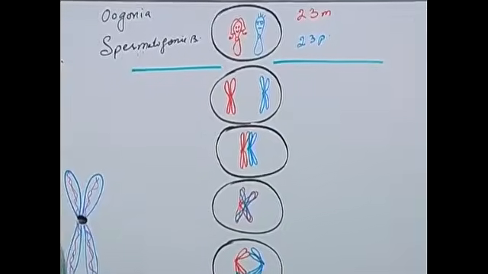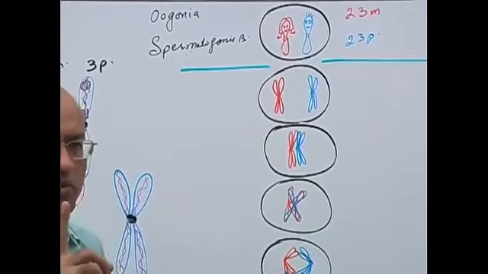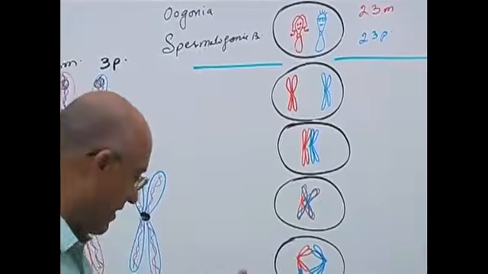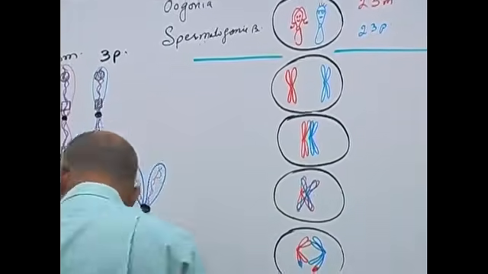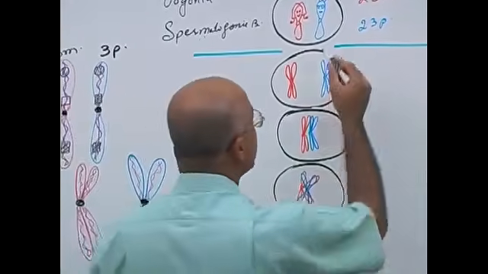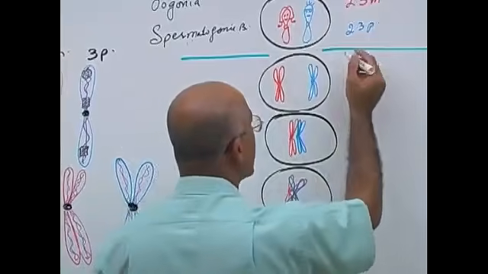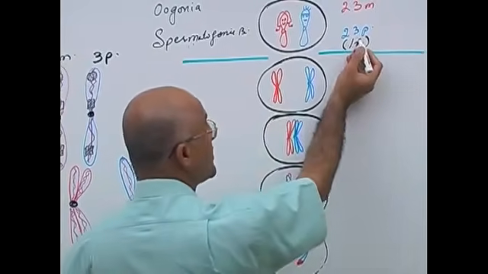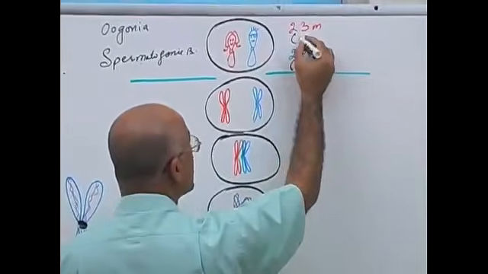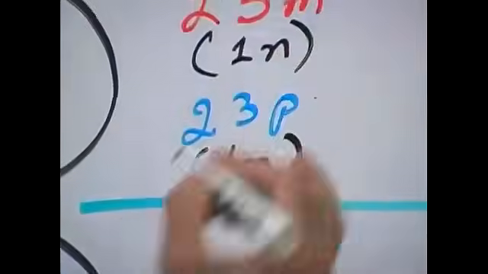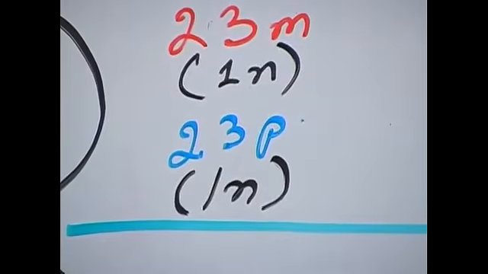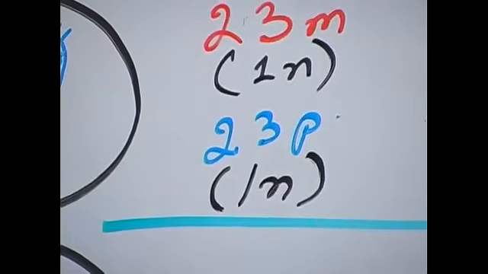Now, when there is a full set of 23 chromosomes, we call it 1n, one small n. So in this cell, spermatogonia, there is one small n from the paternal side and one small n from the maternal side. One small n is equal to 23 chromosomes, one set of 23 chromosomes.